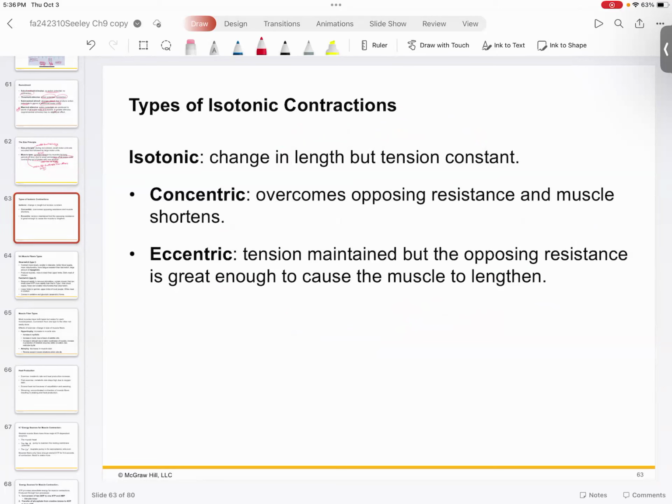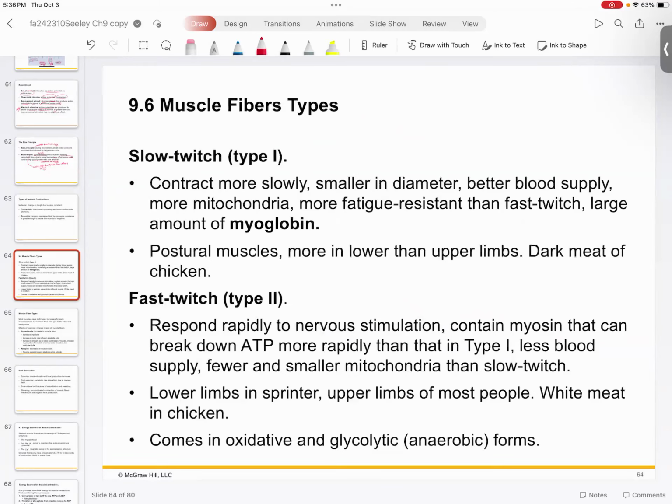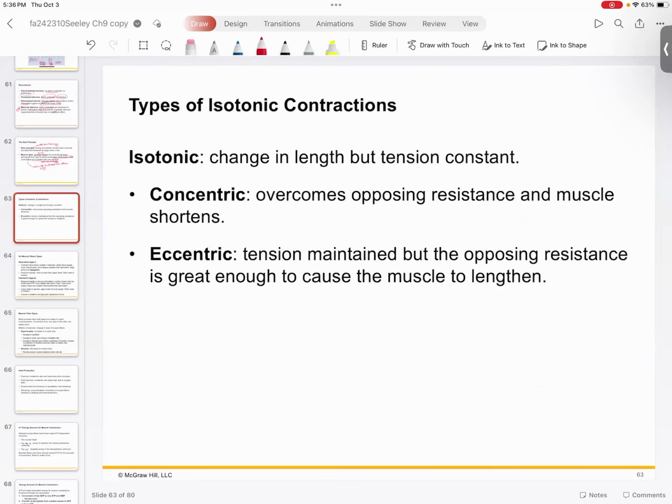Okay, let's take a look at the types of isotonic contractions. Just to remind you, isotonic is a situation where we have a muscle that changes in length, but the tension stays constant. There are a couple of different types.